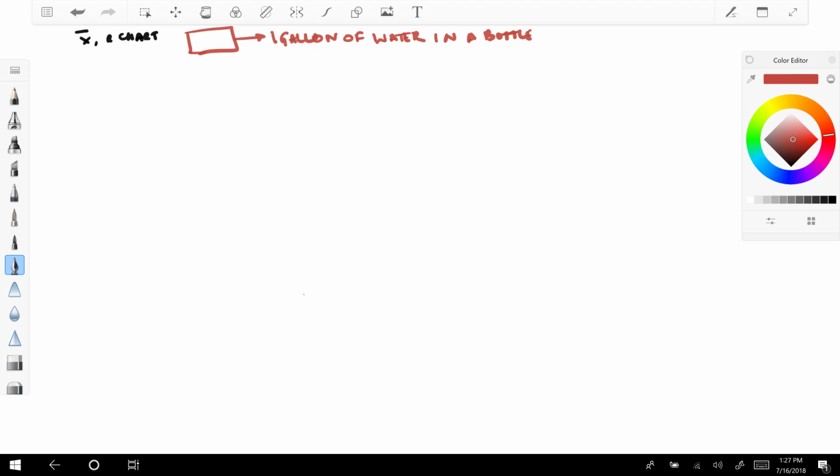So we take samples. Every 2 hours we inspect our water bottles, take certain samples, and observe whether we are filling 1 gallon or not.